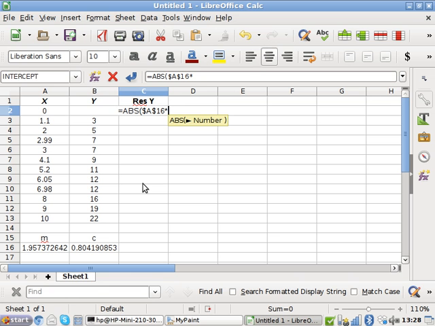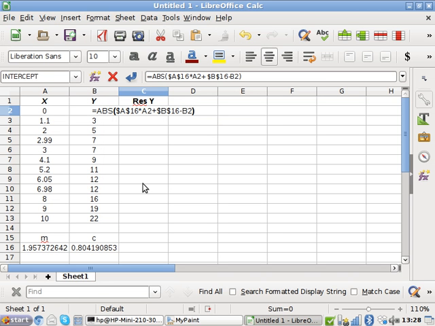What cell is the X in? A2. Plus dollar B$16 minus Y. Yes? And the Y is B2 and close the absolute.